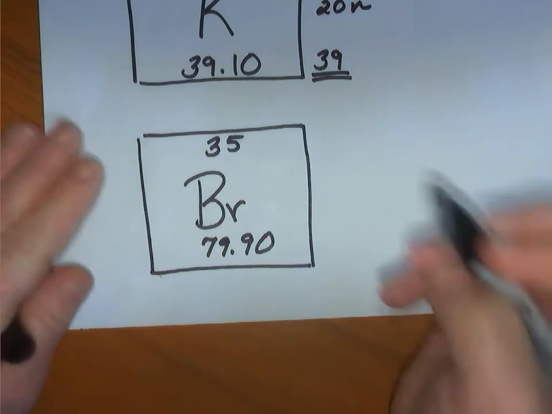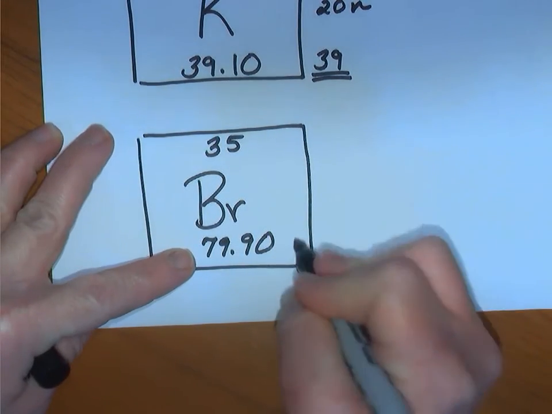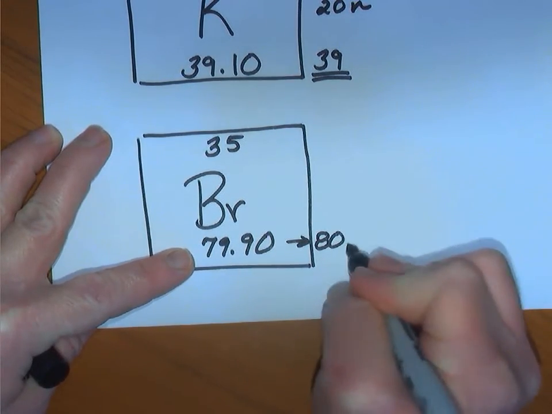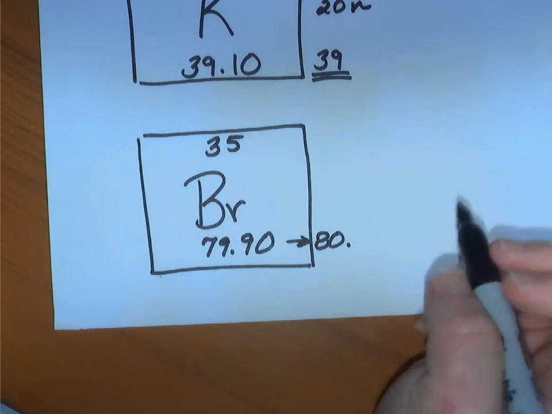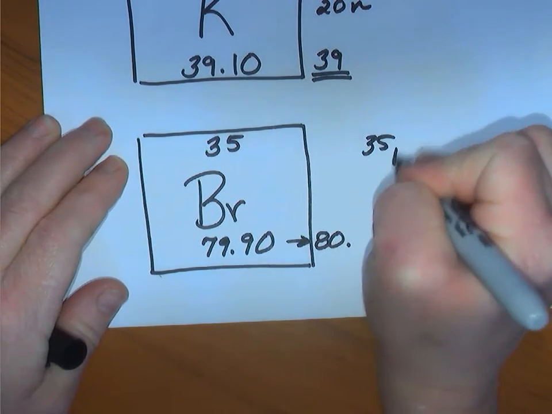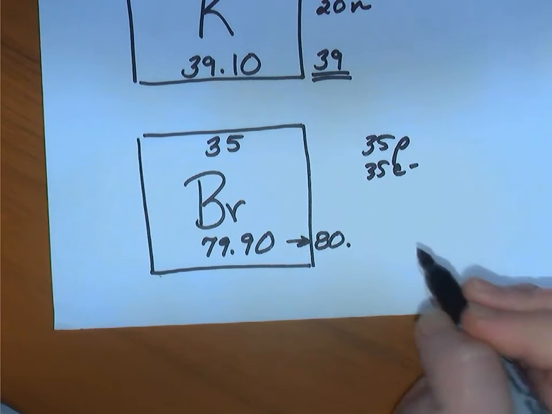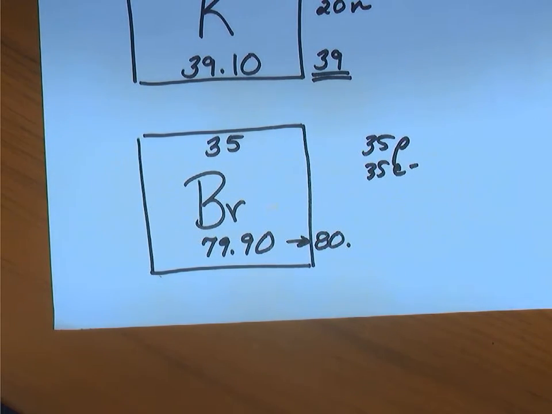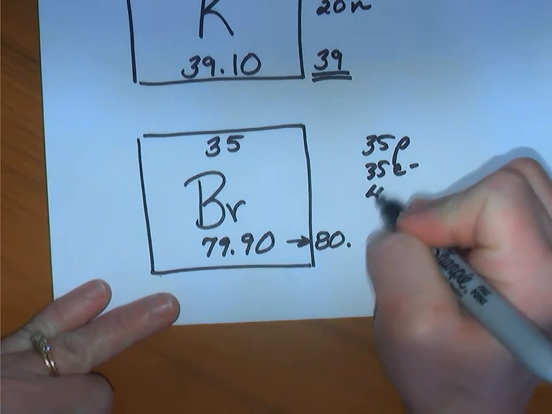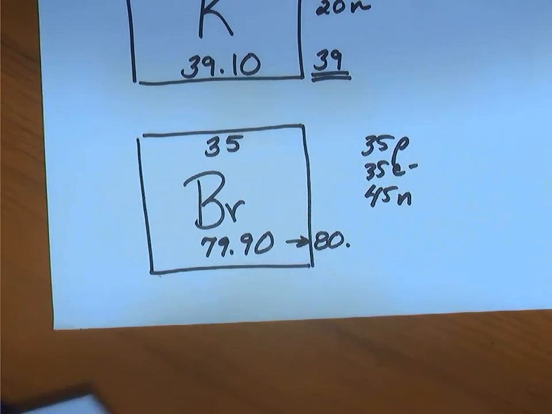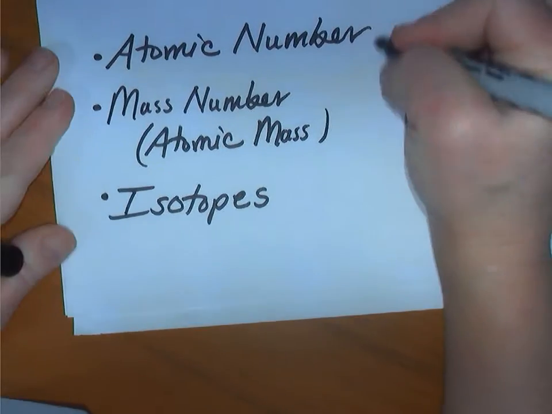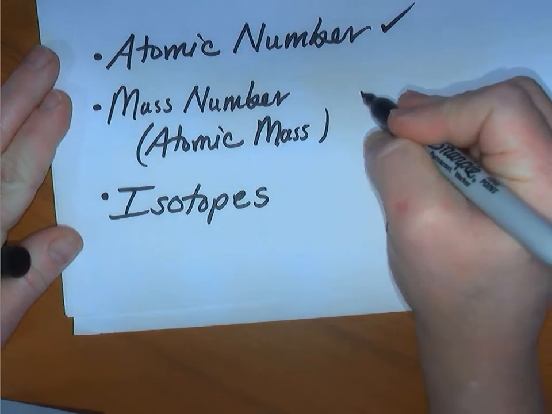One more, bromine. Atomic number 35, and we would report 80 as the mass number. 35 protons, 35 electrons, 80 minus 35, and we have 45 neutrons.